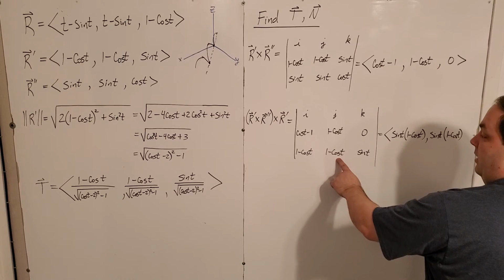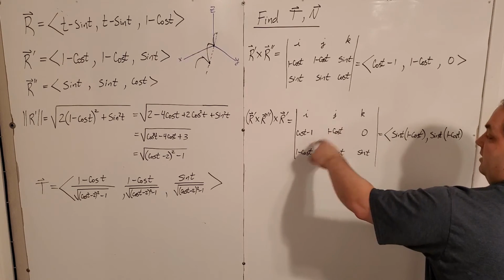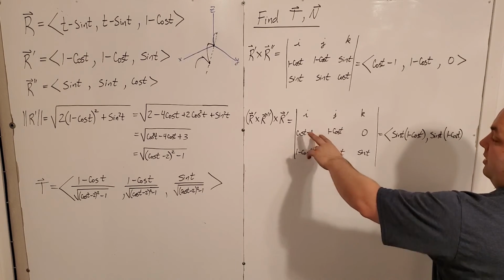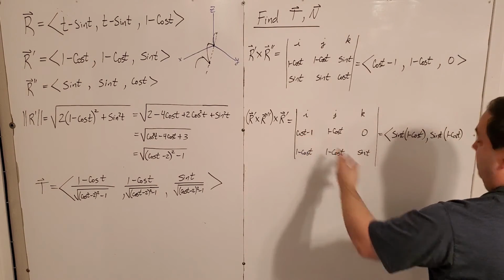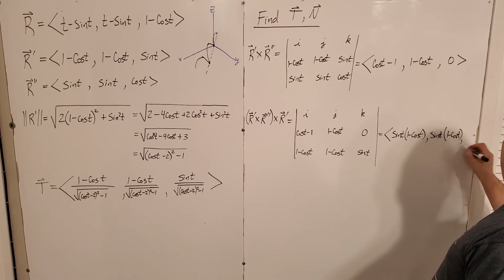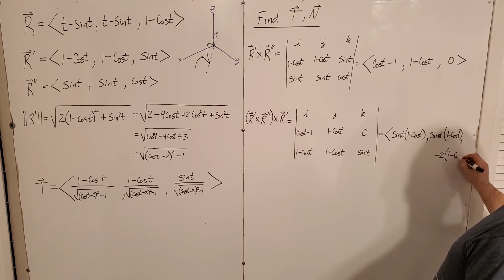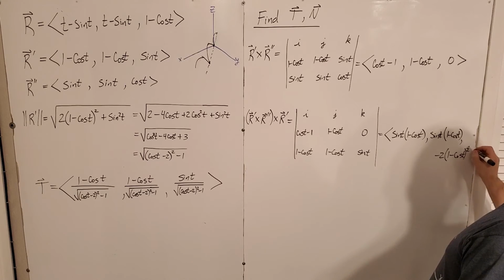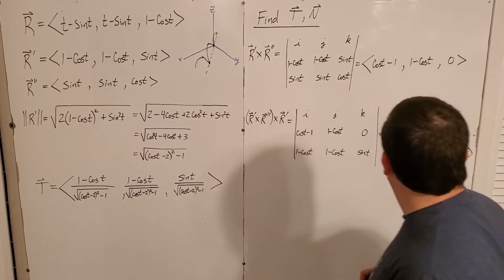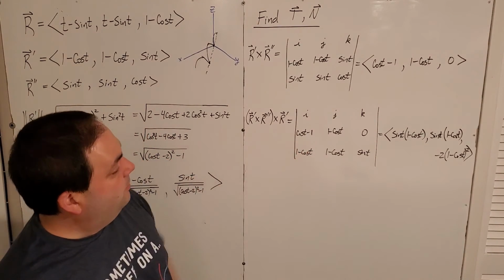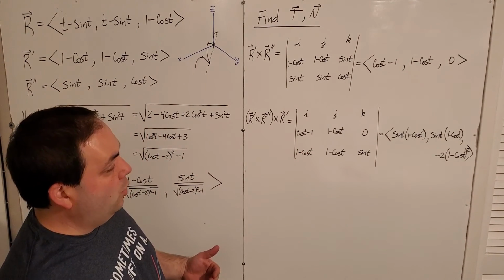I'm multiplying this thing minus this thing, right? They are the same thing, but they're both negative. So I get comma, negative 2, 1 minus cosine t squared. Okay? Okay. So that is going to be the vector that points in the normal direction.